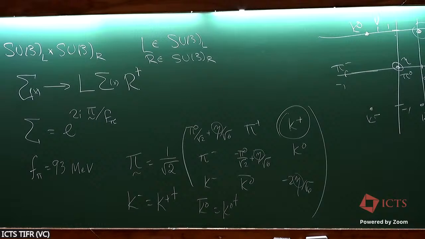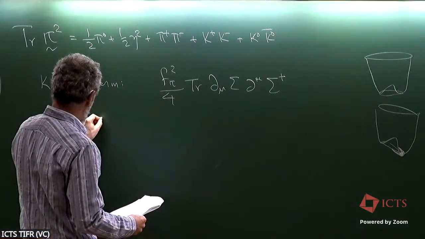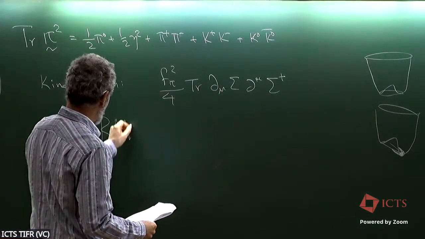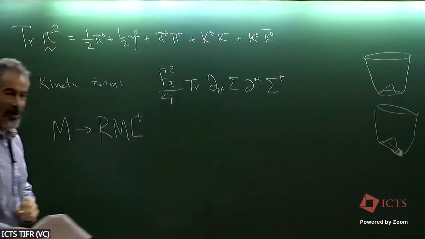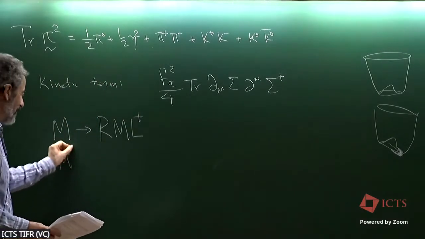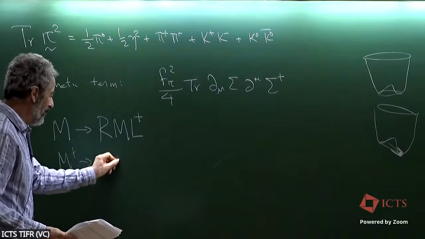So we'll have to see how well it works. So the mass matrix can be taken, as I said, as the QCD would have been invariant if we had taken the mass matrix to transform like this, maybe the opposite of what I said yesterday, R M L dagger, in which case M dagger goes to L M R dagger.